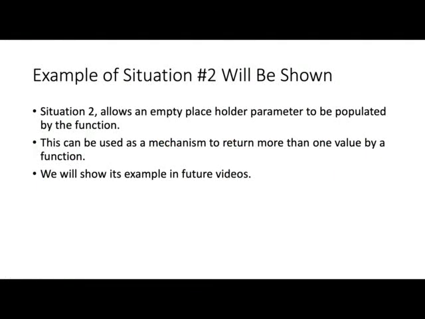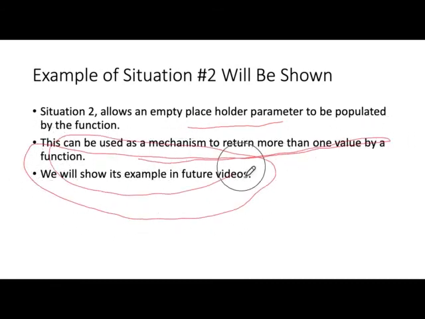Okay, so an example of situation 2 where incoming had no value, an empty placeholder, will be shown in the future, and pass by reference can be used to return more than one value. We'll show that in a future video.